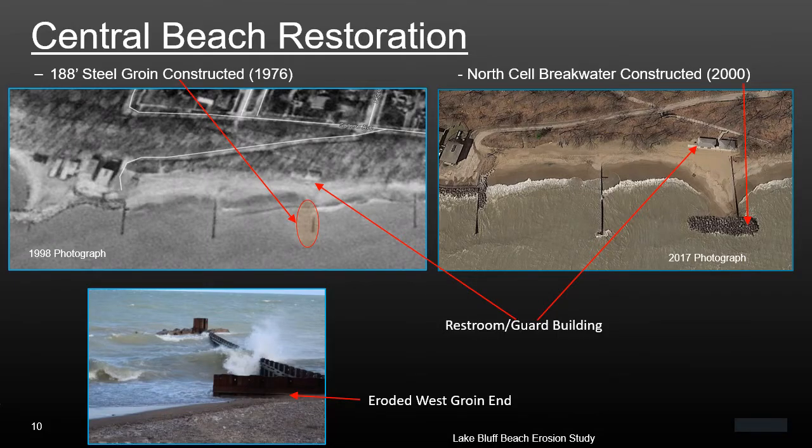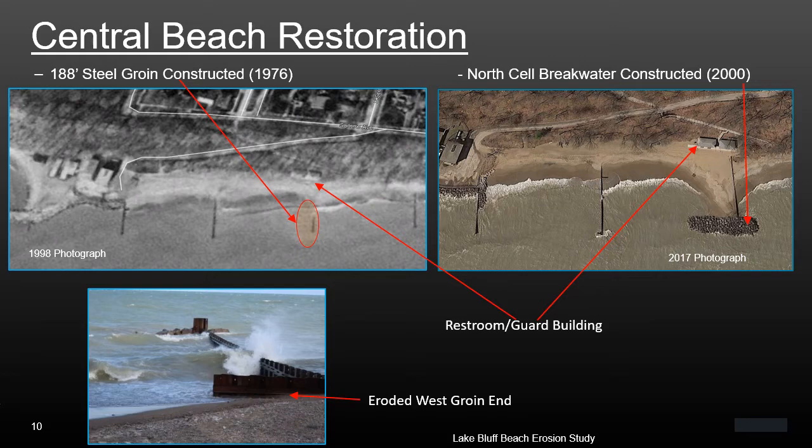These are pictures of the central beach illustrating the evolution of construction in this area. The upper left picture shows in 1976 the construction of the original steel groin, which was 188 feet offshore. The picture in the upper right illustrates current conditions in the cell and includes the stone structure that's pointed out, which was constructed in the year 2000.